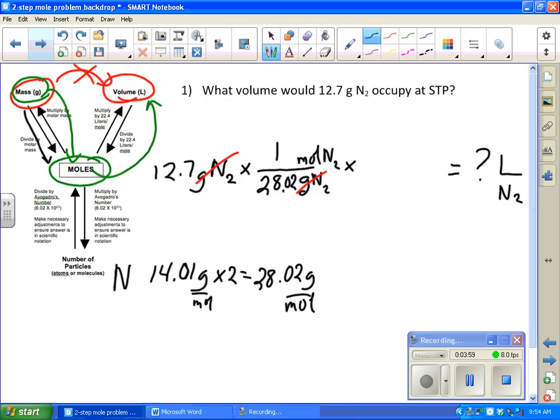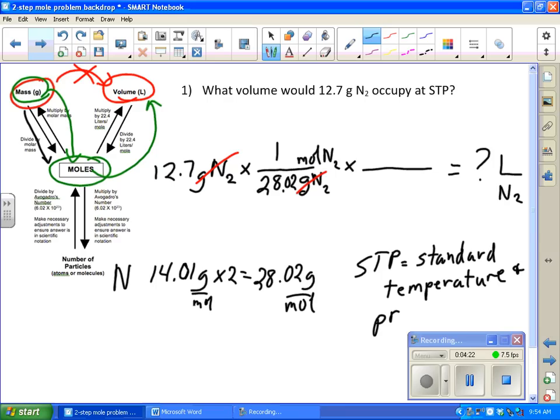We need to convert these moles now into liters. And we know that at STP, and let's just review for a moment, what does STP mean? STP is standard temperature and pressure.